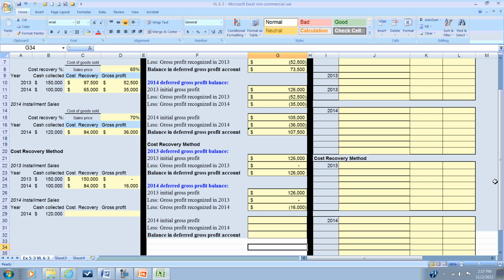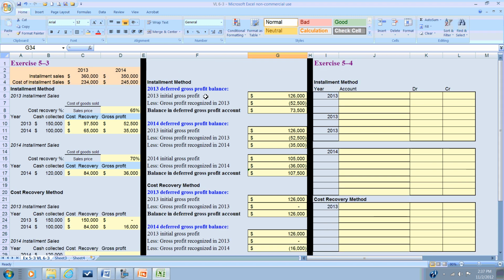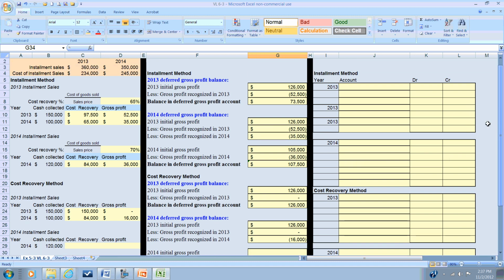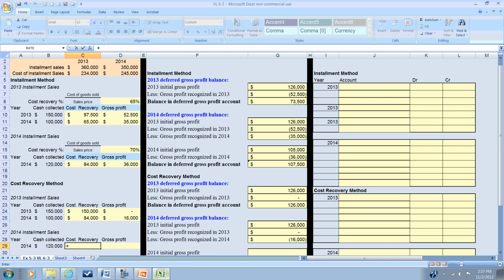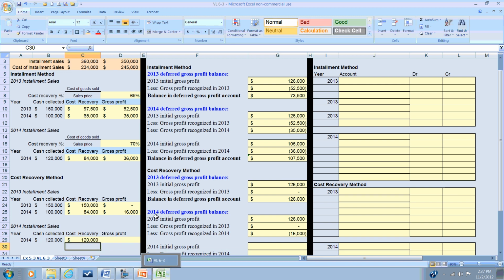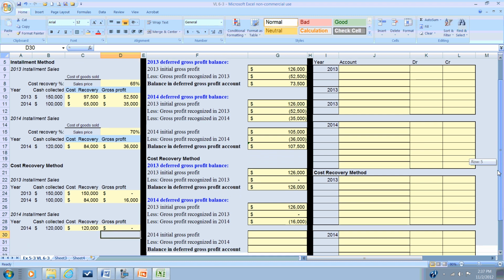In 2014, our installment sales were 350,000, cost of goods 245, and we collected 120. Again, all of that is going towards cost recovery, and we'll have zero gross profit recognition for those sales.